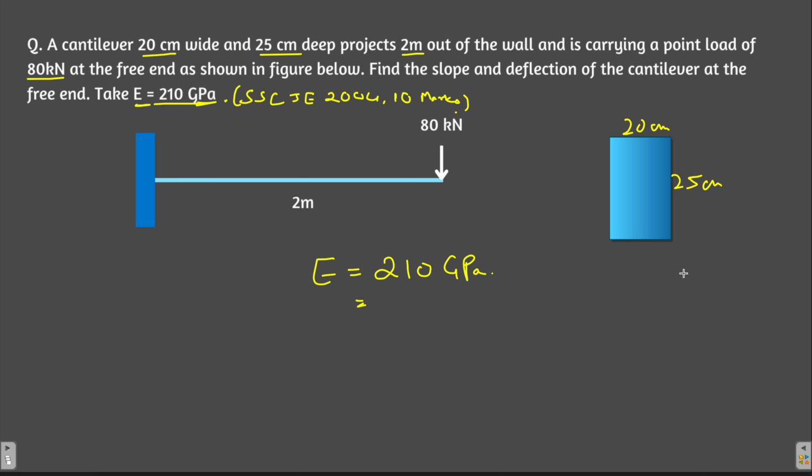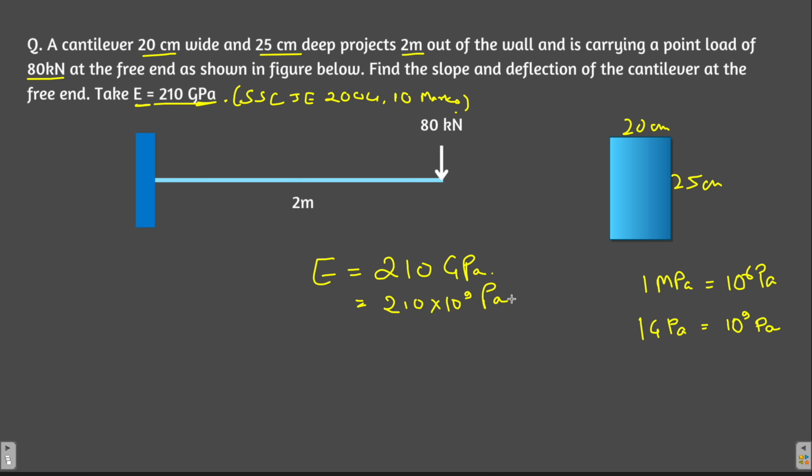Just like 1 megapascal or 1 mega of something is equal to 10 to the power 6 pascals, similarly 1 gigapascal or 1 giga times of anything is 10 to the power 9 of that unit. So 1 gigapascal is 10 to the power 9 pascal. So this is 210 into 10 to the power 9 pascals.